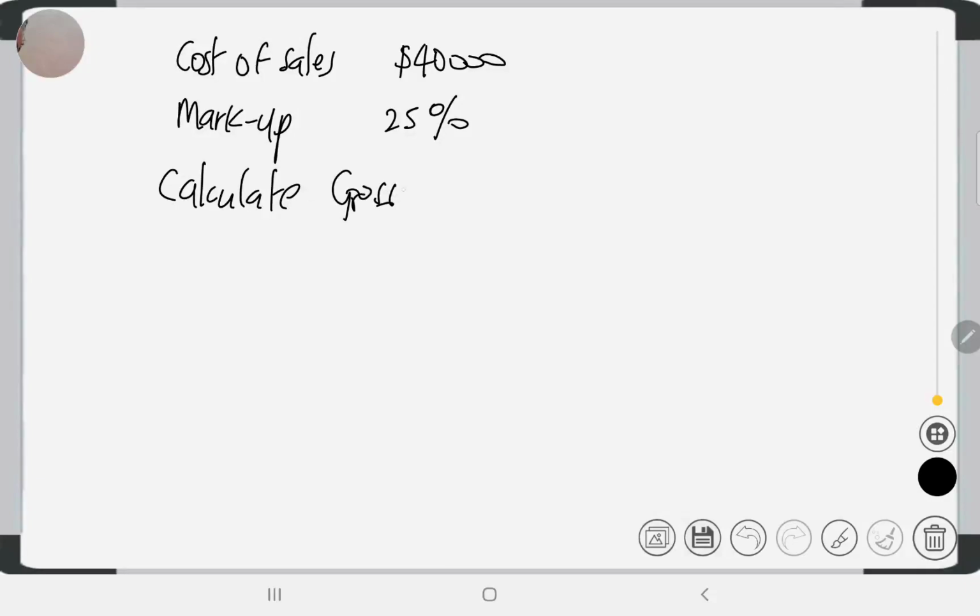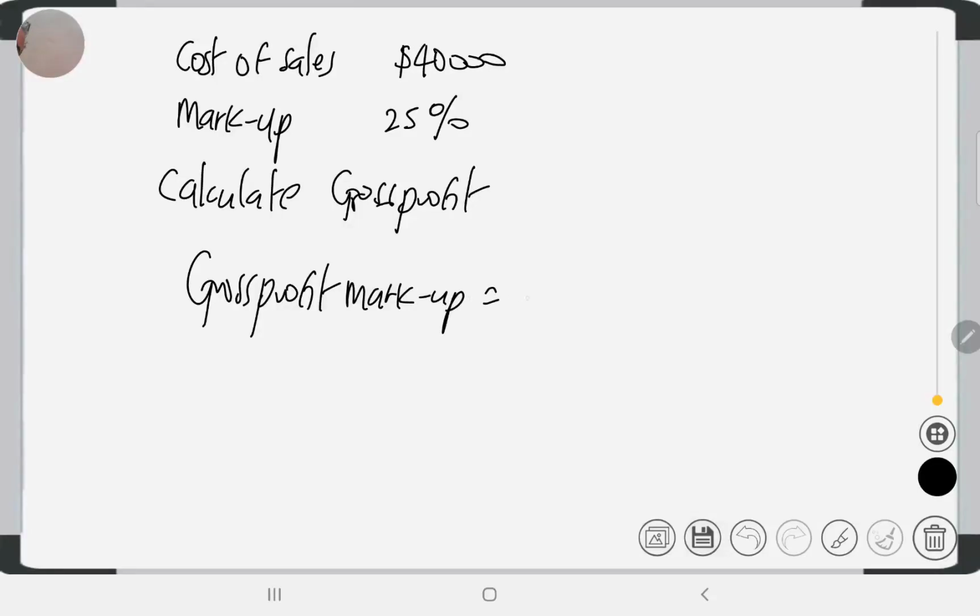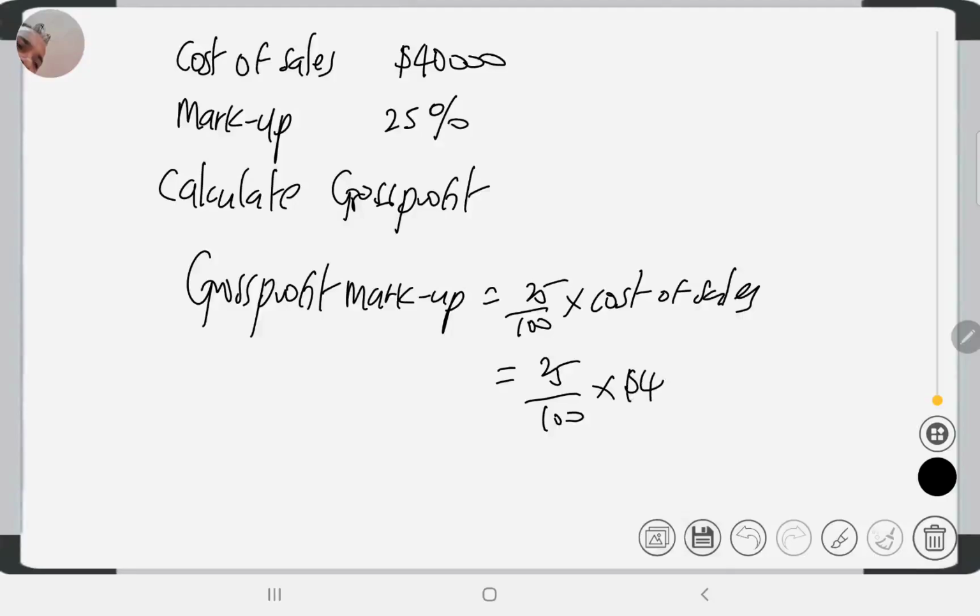So gross profit markup is equal to 25 over 100 times cost of sales, because markup will go with cost of sales. How much? 40,000. This will give us $10,000 gross profit.